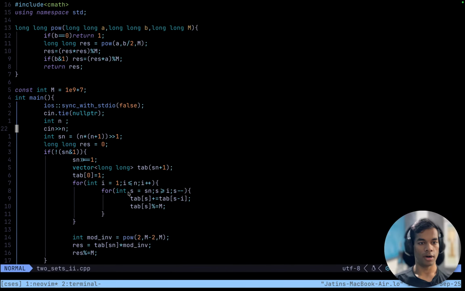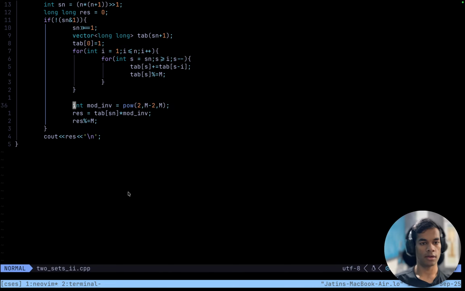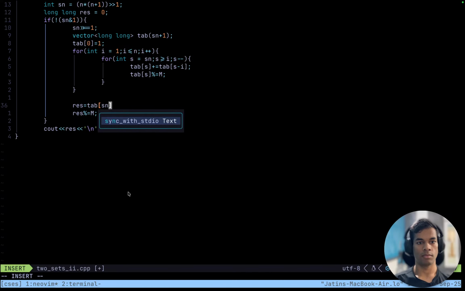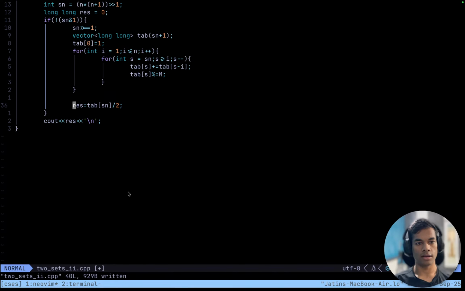Earlier, what we had was this: res equals tab sn divided by 2. And since this tab sn is a modular value for something, we cannot just divide in modulus like we can multiply and add.